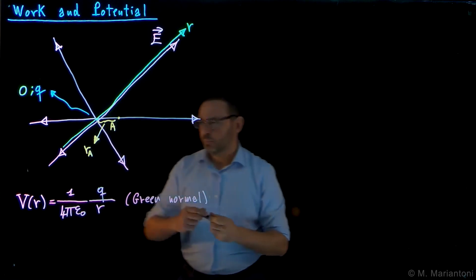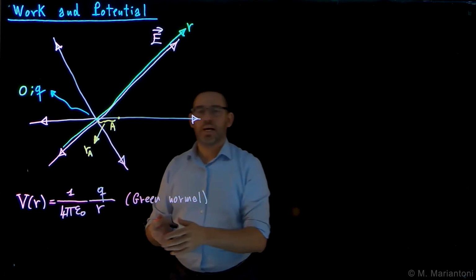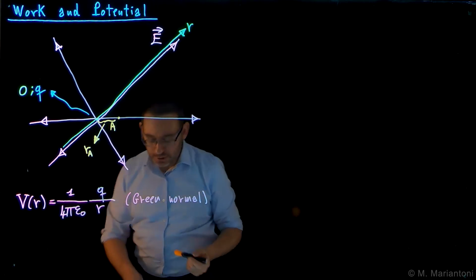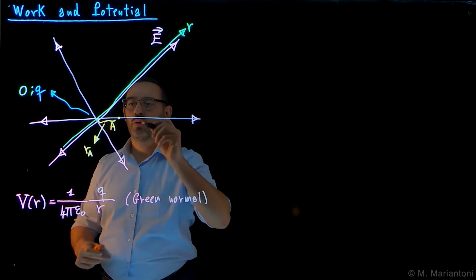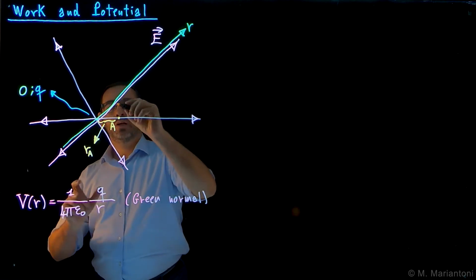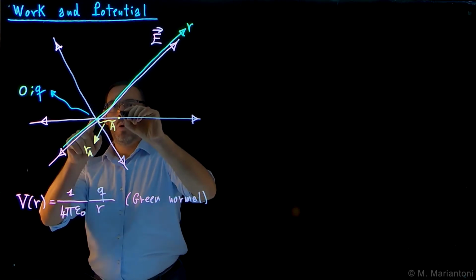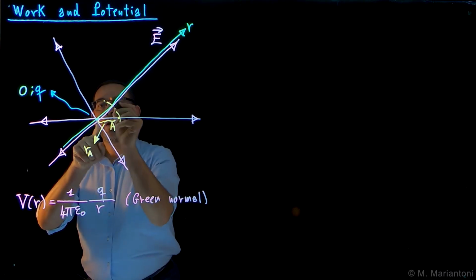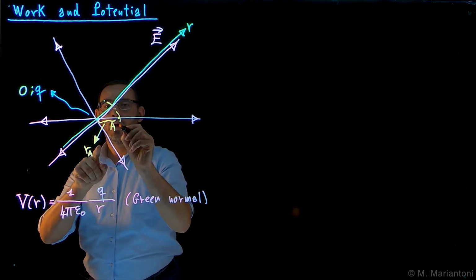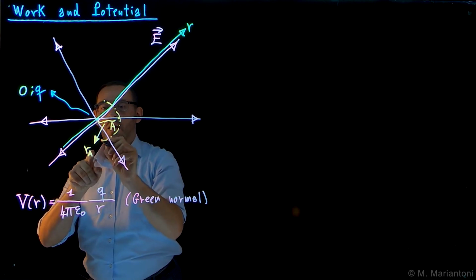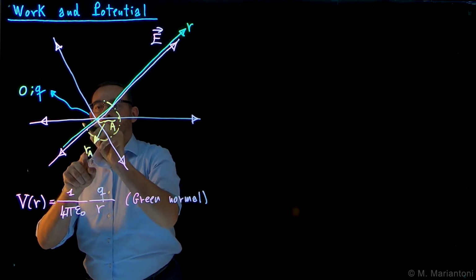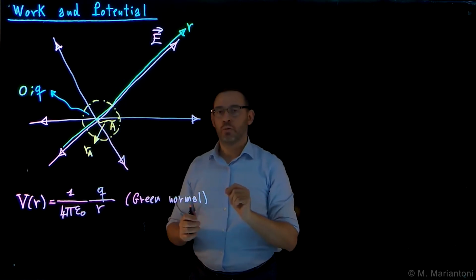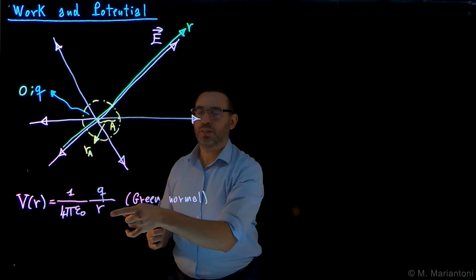Well, in this case, the electrostatic potential is constant at that value RA. And so we can sketch it in 2D as a circle centered in small q. So the circle will look like this. Okay, this is a circle centered in q, associated with the potential at point RA.